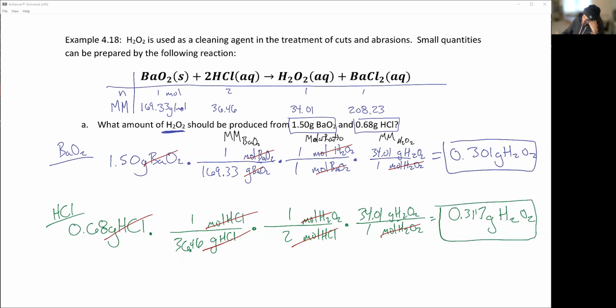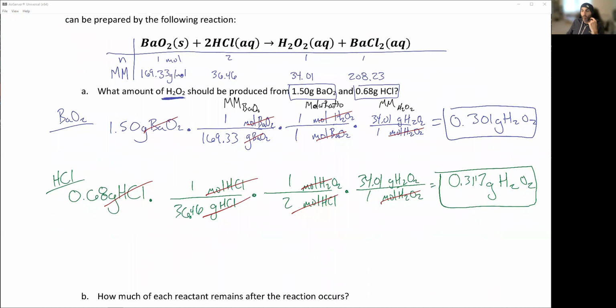0.317 grams of peroxide. So which one produced less? The barium peroxide has got to be the limiting reactant, because 0.301 grams is the maximum amount that it could actually produce. That's the limit.